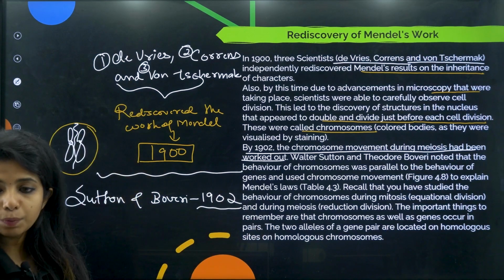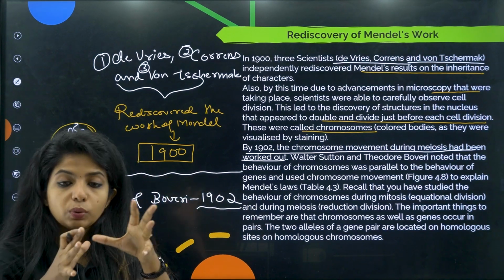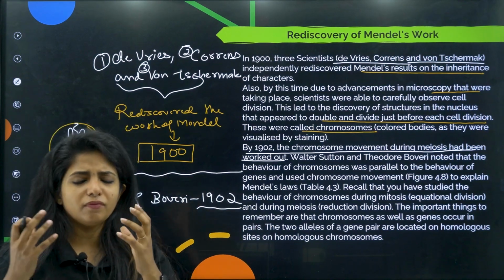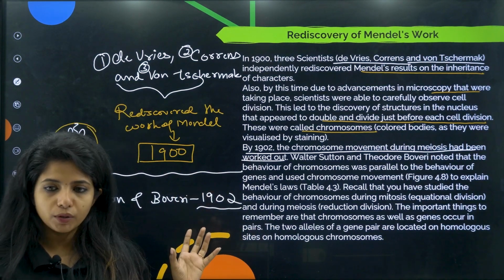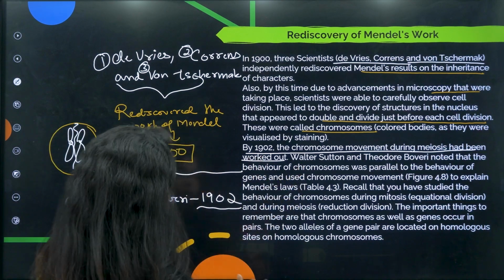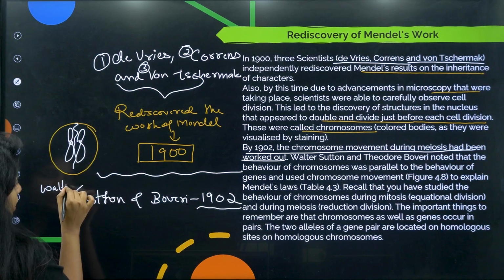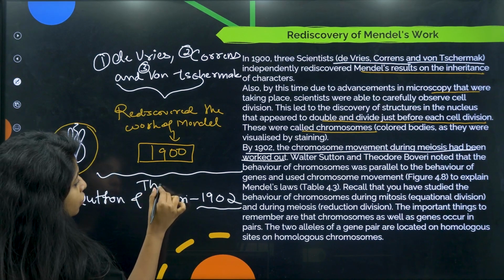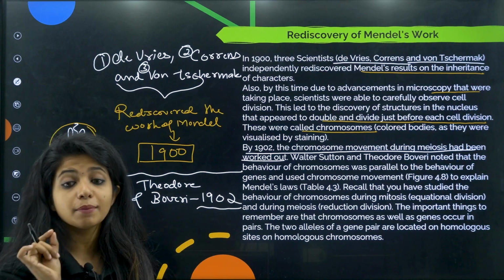Now these people were able to see that chromosomes were moving during cell division, especially when they were talking about meiosis. Meiosis happens during gamete formation. One person's name was Walter Sutton and the other person's name was Theodore Boveri. Guys, these are important information, MCQs have come.